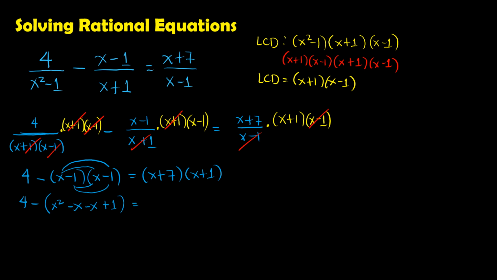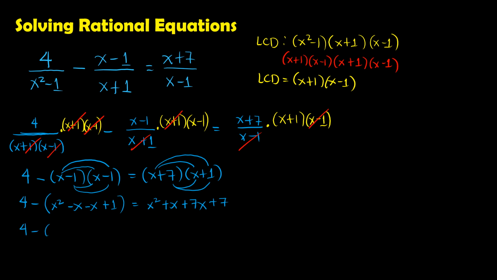Here on the right side, x times x is x squared. x times 1 is positive x. 7 times x is positive 7x. And 7 times 1 is positive 7. So, let's simplify first.